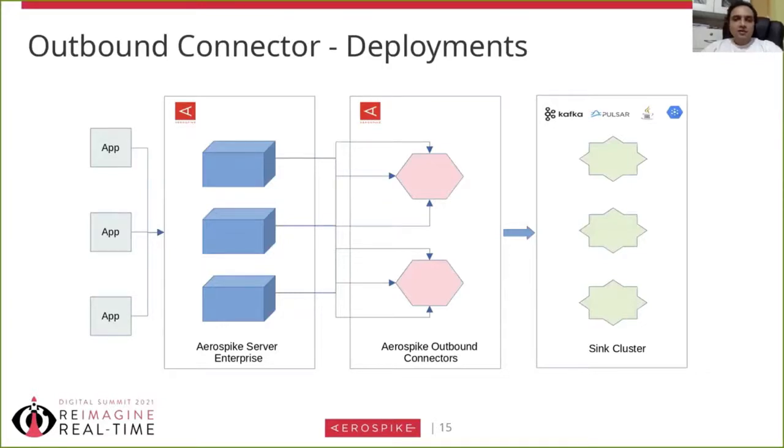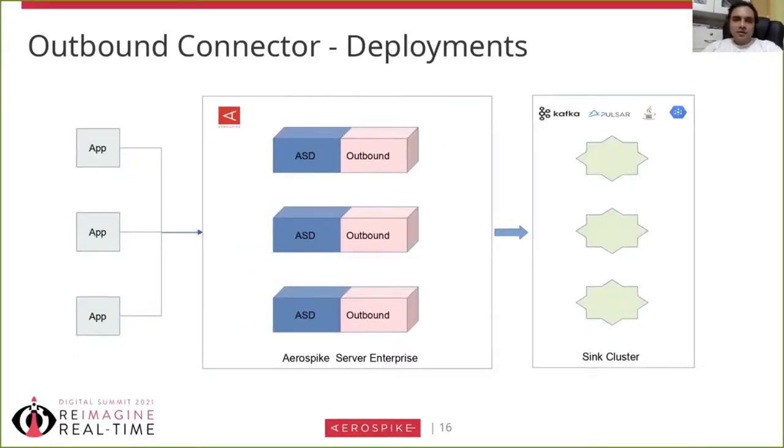In this deployment, every Aerospike server is configured to talk to every outbound connector instance. The advantage of this setup is the simplicity. The only drawback is an additional network hop between the Aerospike server and the outbound connector.